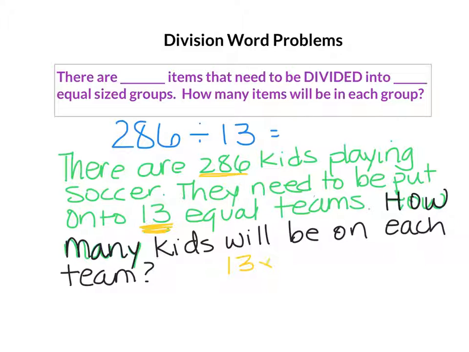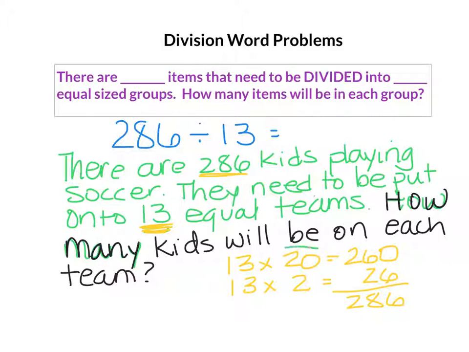I'm going to take my 13 and multiply it by 20 because I know 13 times 2 is 26. And then I really only need 26 more. 13 times 2 is 26. That gives me 286.